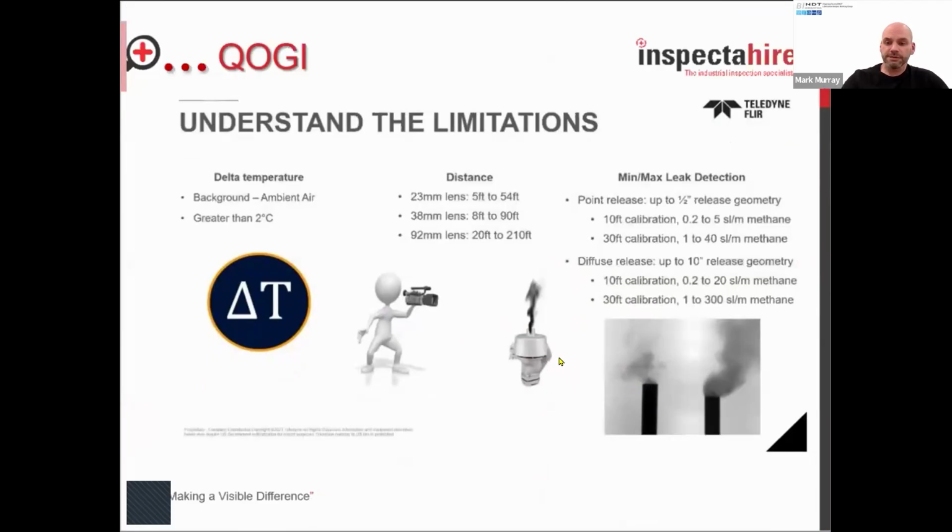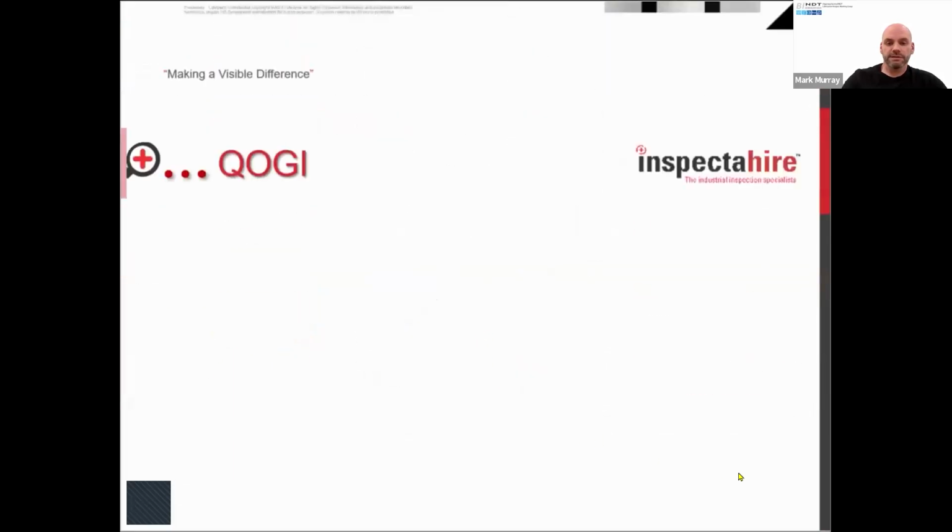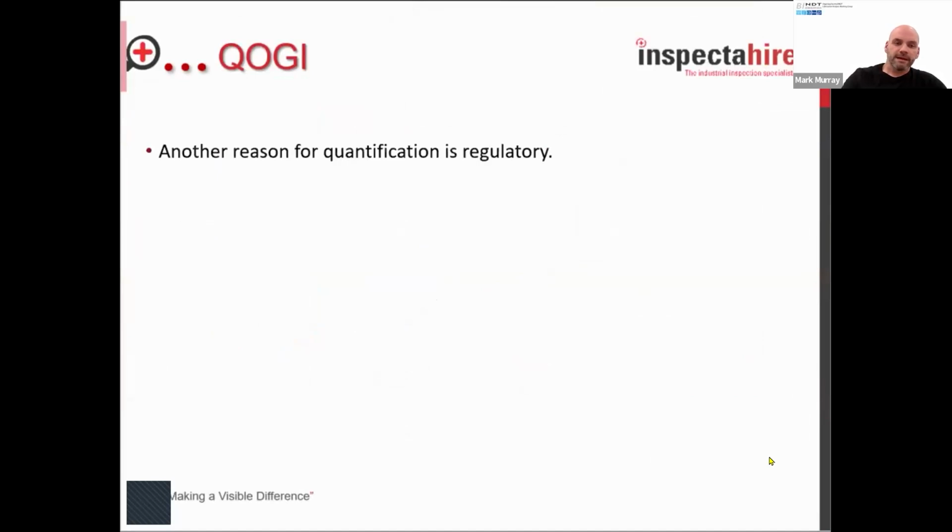But depending on your application and your lens availability, what you've got at your disposal, potentially you can look at distances up to 210 feet with one of these 6-degree lenses. So for certain applications, it can be a very valuable addition to your toolbox.